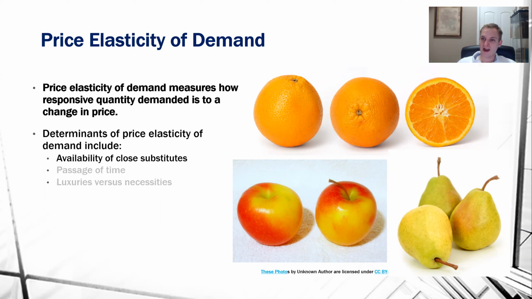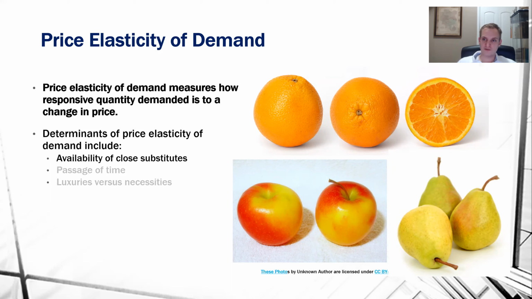So instead of buying 5 oranges, I would probably buy 2 oranges, assuming price were to increase at this arbitrary level. And then I would buy instead a couple apples or a couple pears. And again, I'm not really getting too detailed or specific here. I'm just trying to paint a picture that you might be able to relate with or that might resonate with you.